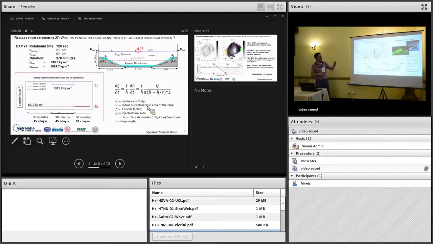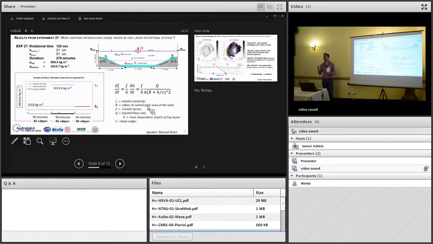We performed the experiment in a single or double layer system, using 1 or 2 dense water sources. Here I will focus on the experiment that so far best represents the results we were expecting from the Coriolis rotating platform, and we used a rotational time of 120 seconds.